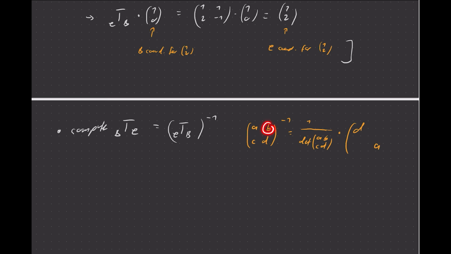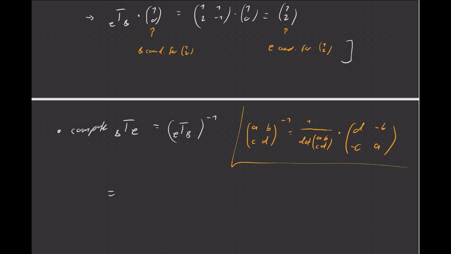And for those not on the diagonal, you just change the sign. So here we get minus C instead of C and minus B instead of B. That's the formula for the inverse of the 2 by 2 matrix. Of course, if you don't want to remember that, you don't have to. You can always apply the usual inversion procedure. But in this case, it might be convenient to use that formula. So we do that.